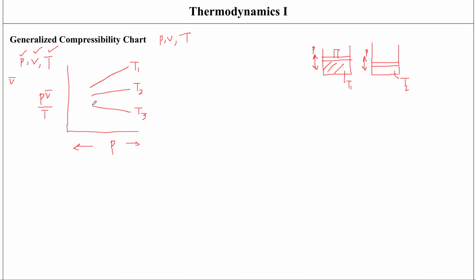But what's interesting is that if I extrapolate this trend to see what this ratio looks like when I approach a pressure of 0, I can apply the limit and reach this point.